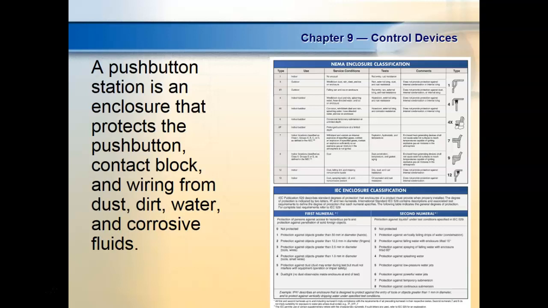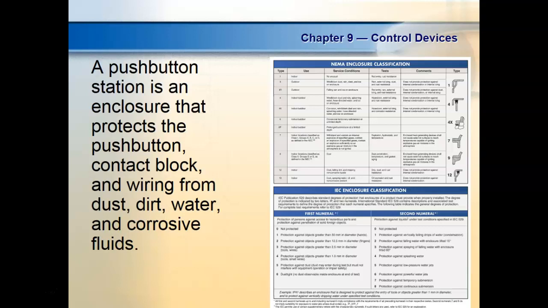A push button station is what we're passing around there. It's an enclosure that protects the push buttons, kind of gives us some place to mount it, protects the wiring, and also protects the actual mechanics of the push button. So very seldom will you see the push button out there in nothing. It's usually going to be some type of enclosure that seals it up from the environment, right? You understand?